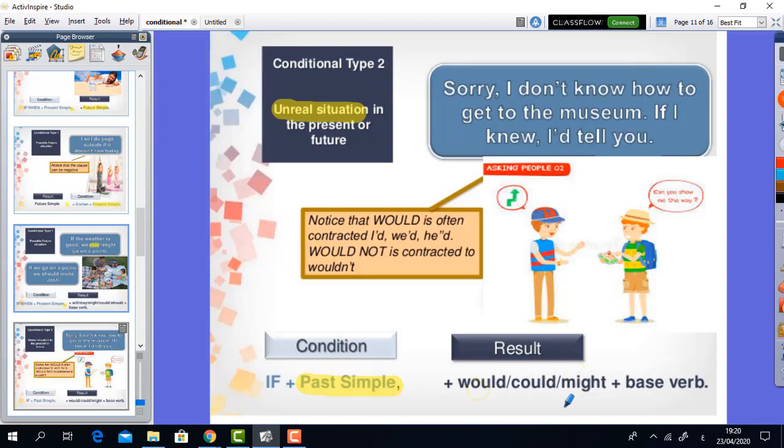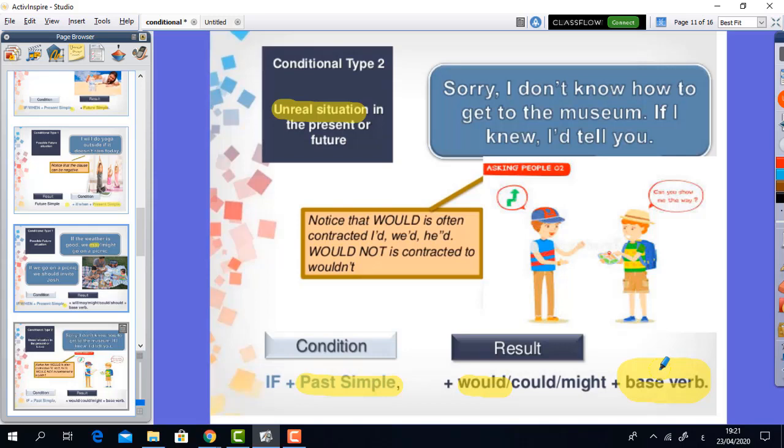The verb in the main clause appears as follows: would or could or might. Essentially would followed by the base form or the bare infinitive of the verb.